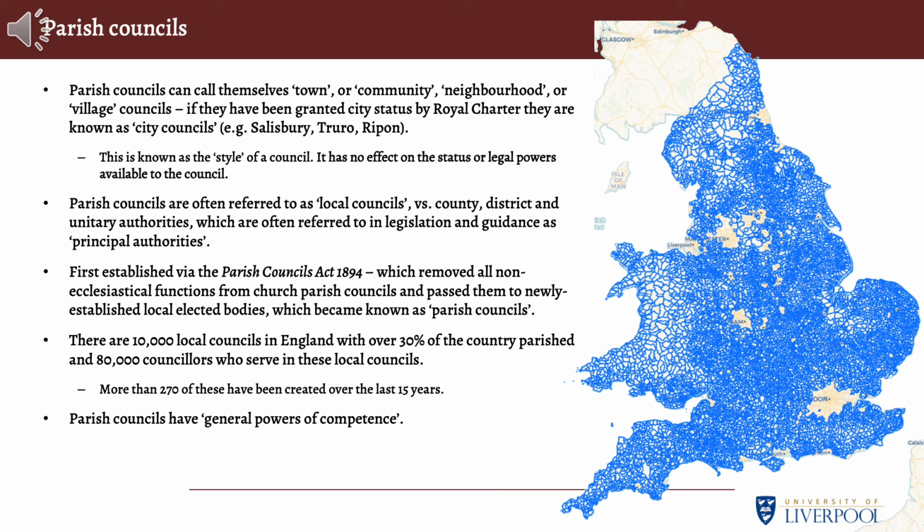Charges that they do choose to issue can only be made for services that are discretionary and not ones that have to be provided in statute. And they can't create bylaws or things like that under this power anyway, because that's not what individuals can do. But this does give parish councils a wide range of scope to do a lot of different interesting things.